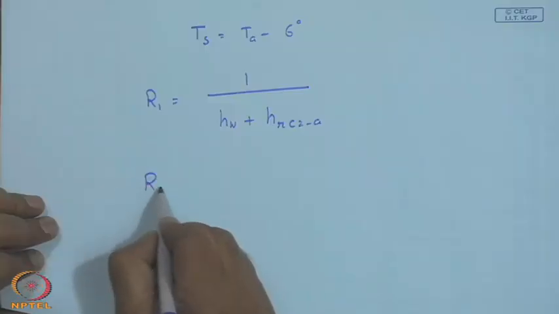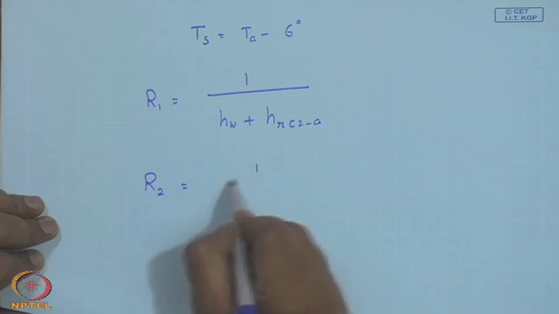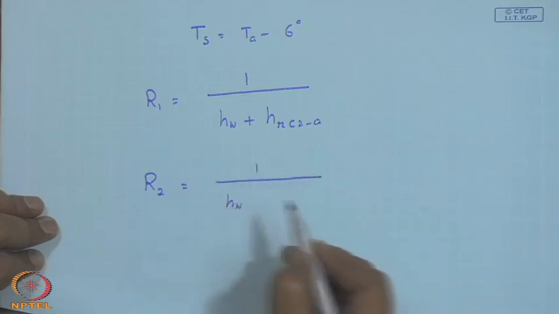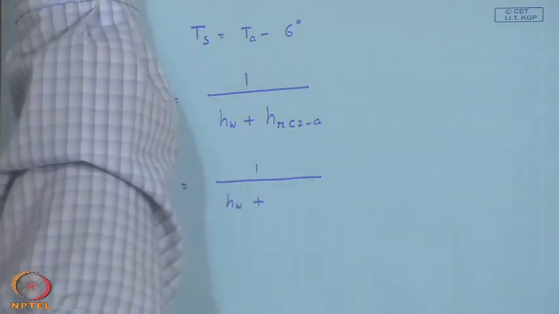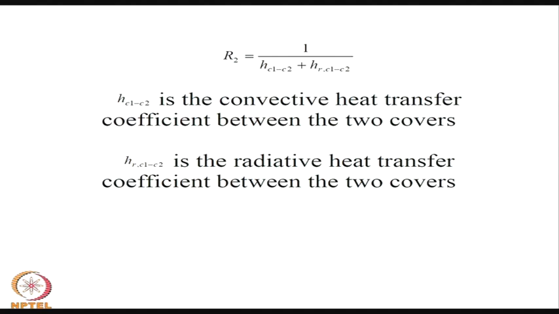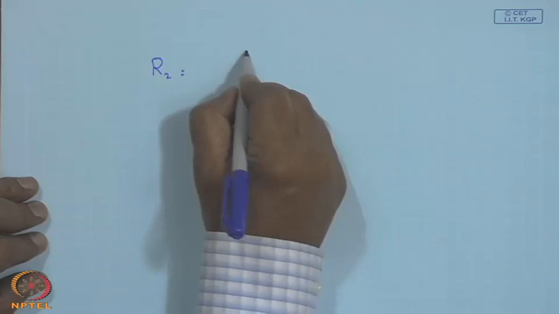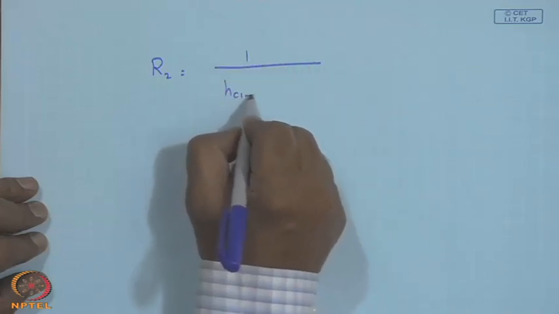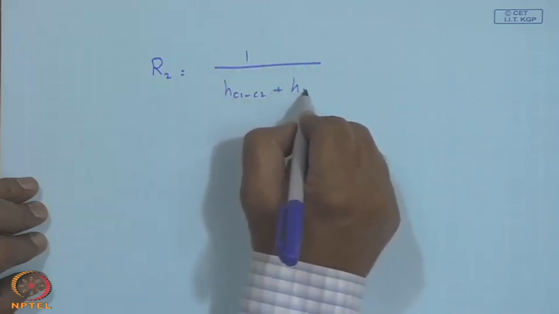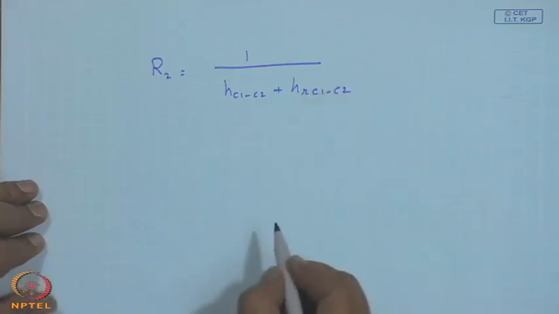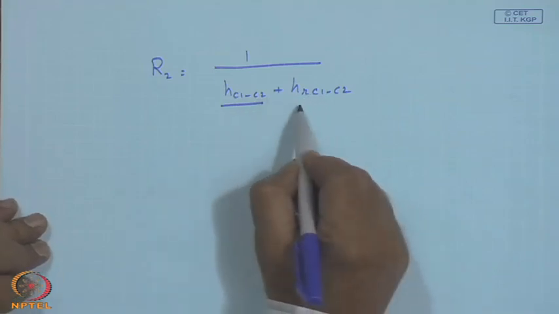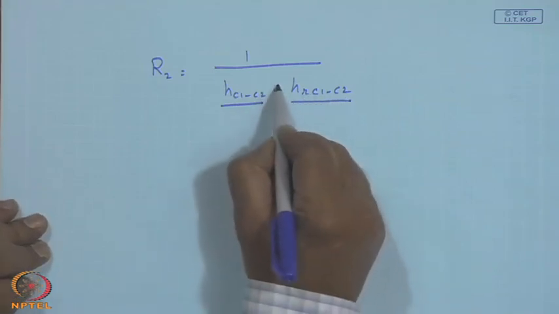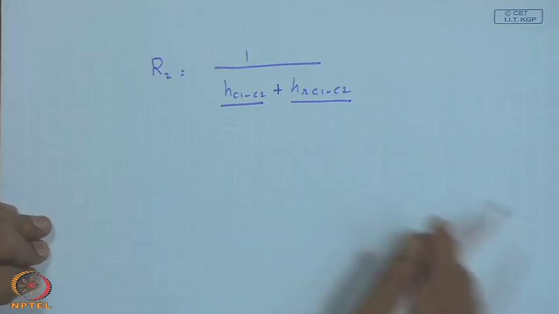So, now we can express R 2 as the summation of the convective heat transfer coefficient between cover 1 and cover 2 and the radiative heat transfer coefficient between cover 1 and cover 2.